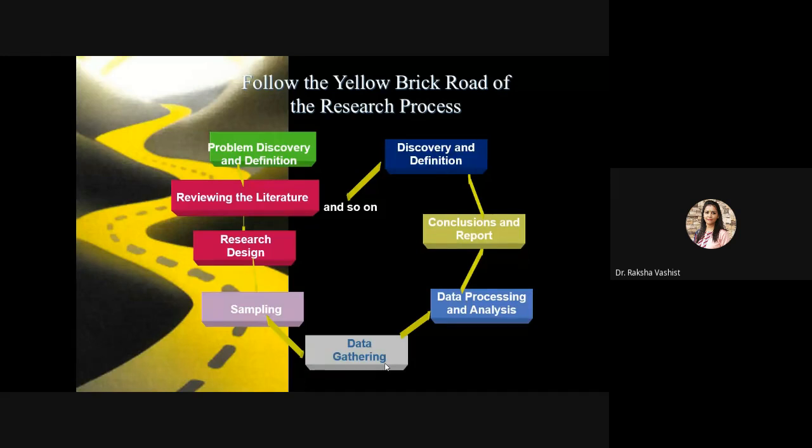For that, we have to prepare the report. We have to write the report of that research. Then we have to go again to the first step, that is discovery and definition, and so on. So this is the research process, which is a never ending process. So this includes 8 different steps.